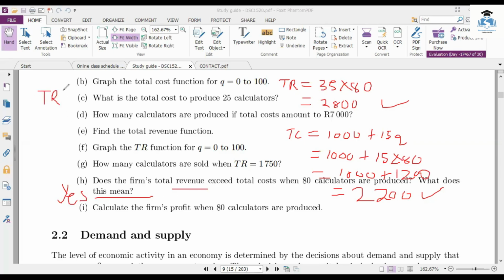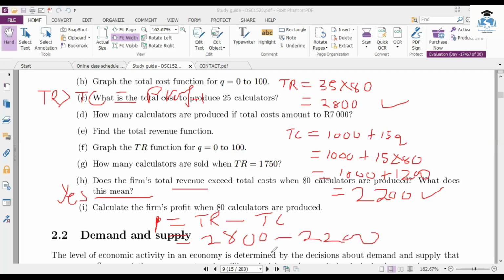We said if TR is greater than TC, it causes profit. Now they are saying calculate the firm's profit when 80 calculators are produced. Since you have these figures already, profit is equal to TR minus TC. So TR is 2,800 minus 2,200, then we have 600. That will be the profit.